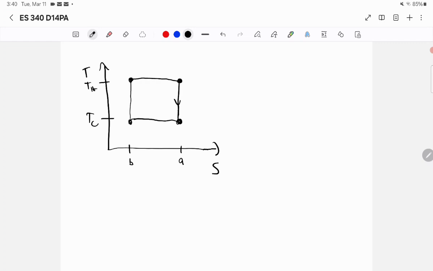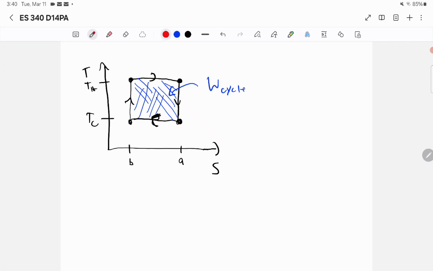It turns out that the Carnot cycle in this case is just a rectangle, which is really useful. And I'm going to shade in this area. The area inside of here, the area of a rectangle, is the work done by the cycle.